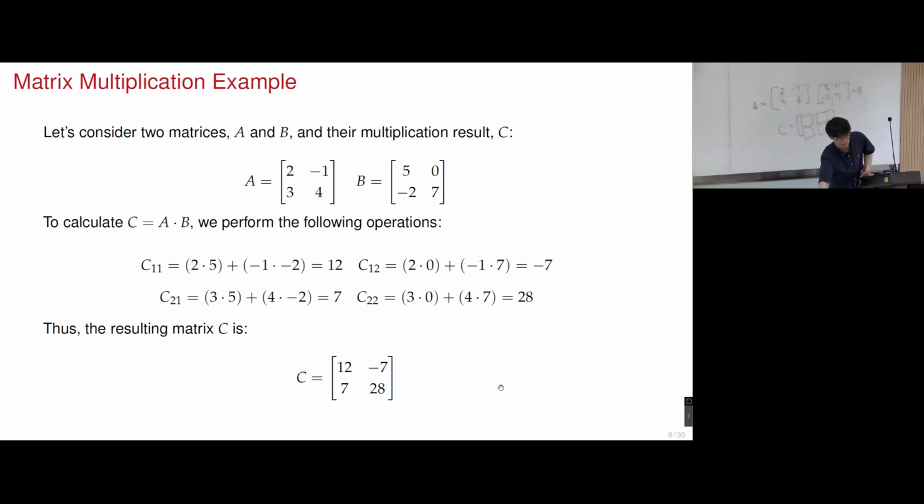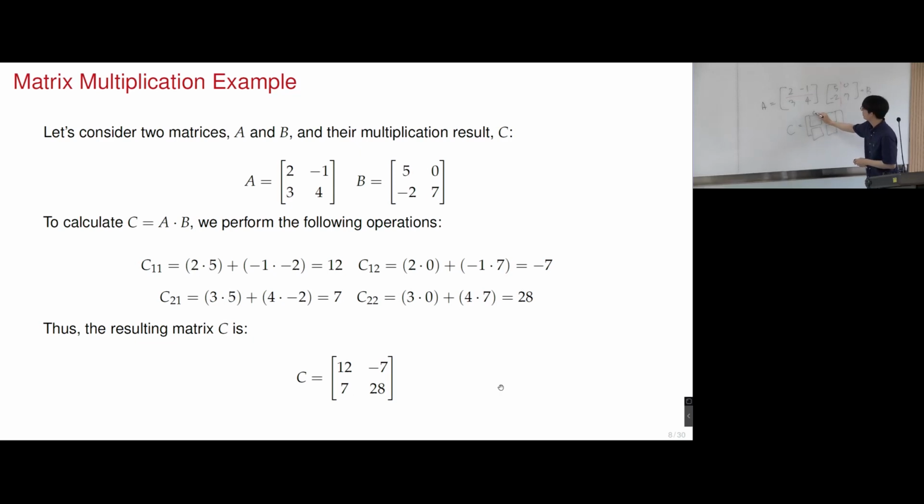So what we're doing is, remember that the C11 we got was 2 times 5, and then we did minus 1 times minus 2, and we added them up, right? And let me tell you where this comes from. This is C11.